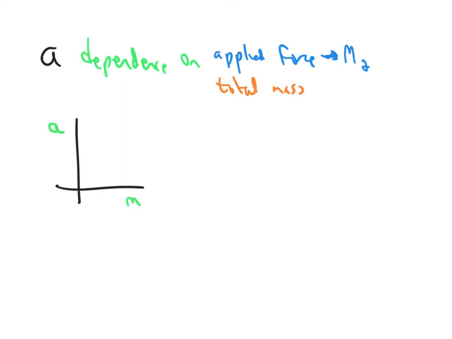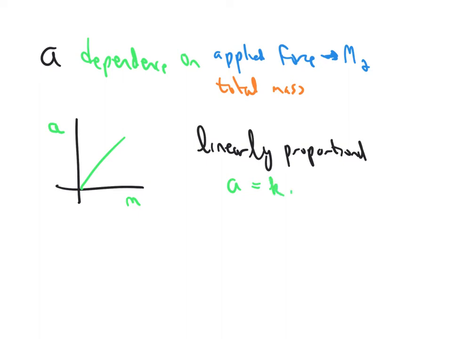There are a lot of different ways things can depend. Two that we're going to look at: they can be linearly proportional or dependent. In that case, we imagine we get a line, preferably going through the origin, so that the acceleration is some constant times the mass.